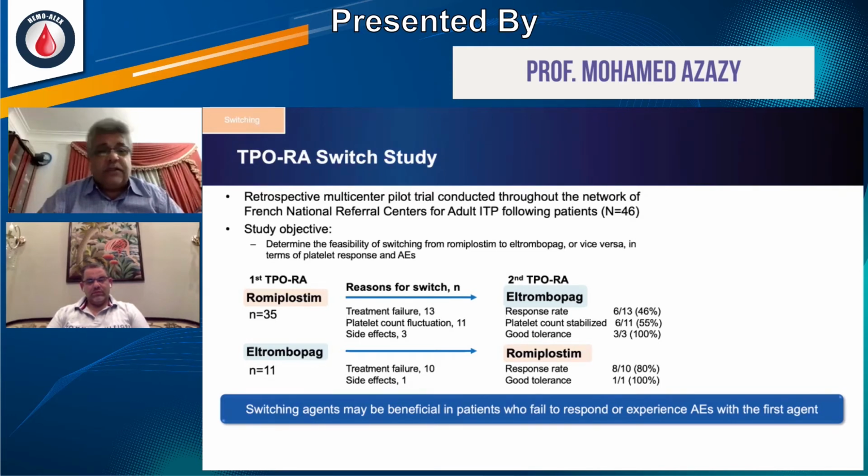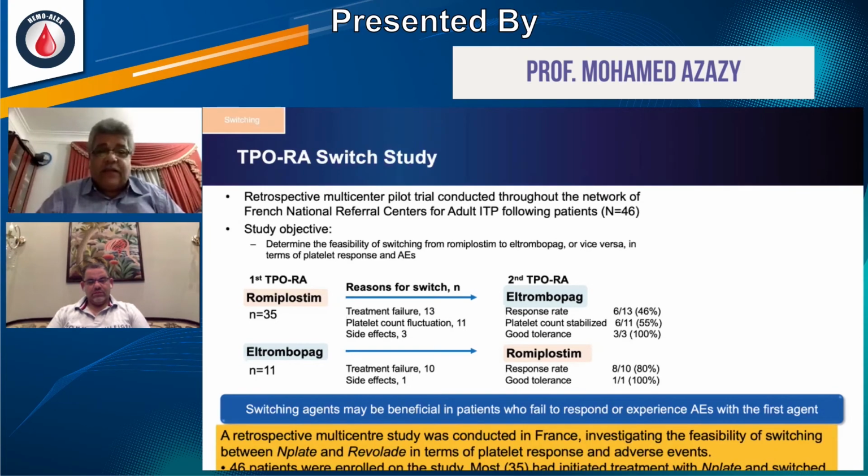This switching protocol determines the feasibility of switching from romiplostim to eltrombopag, a question that was raised by Professor Mervat, or vice versa, in terms of platelet response and adverse events. So you can use alternate therapy, combined therapy, or on-demand therapy. You have 3 options: switching, interrupted treatment, or alternate therapy.